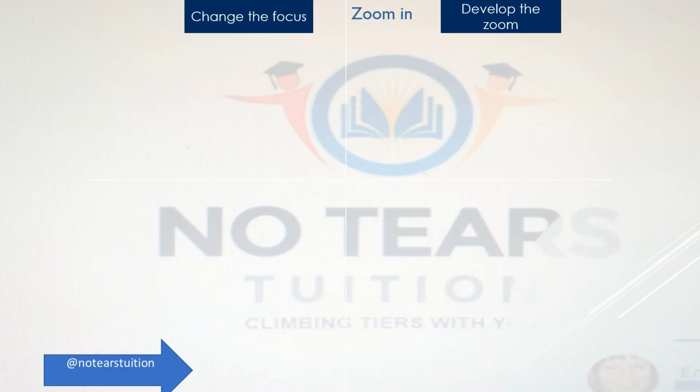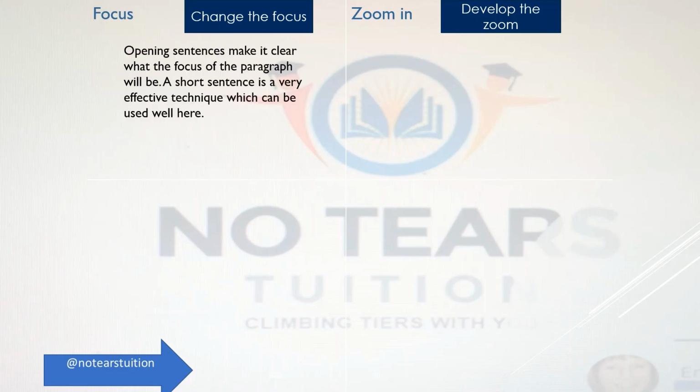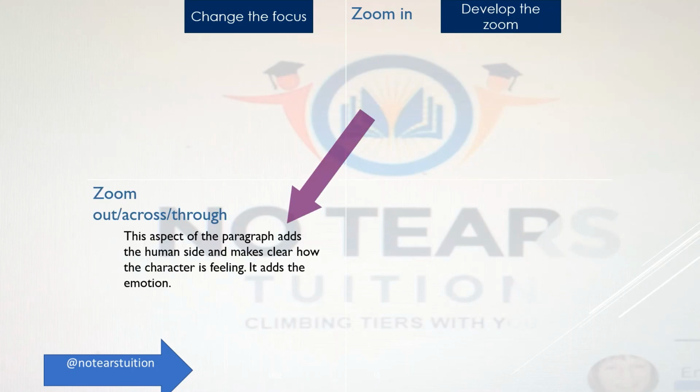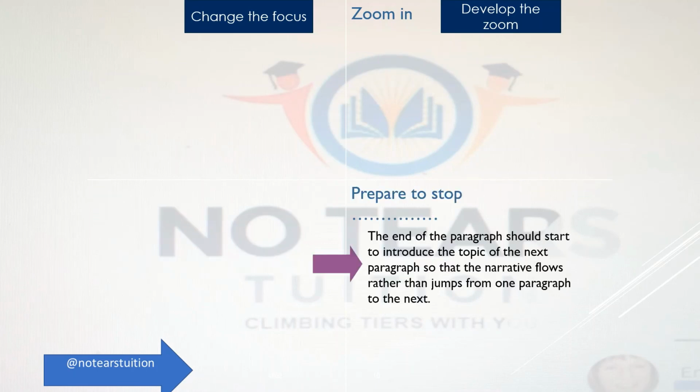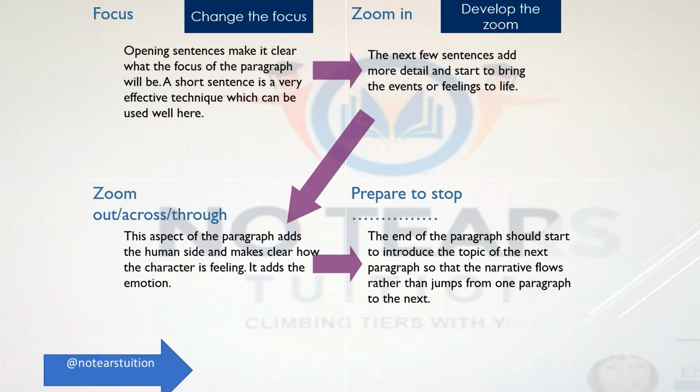It doesn't matter whether we say zoom, shift, change, focus, zoom in, develop, zoom out, zoom across, zoom through, prepare to stop, or conclusion. What's important is that you use the words that are relevant for you to understand what you're doing, and that you take your reader on a journey in your writing right to the end.